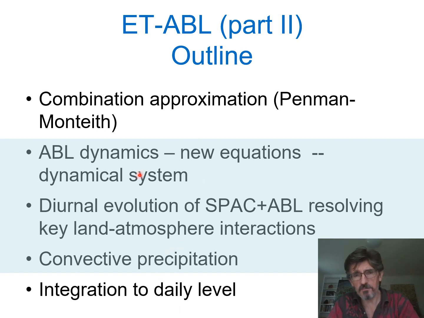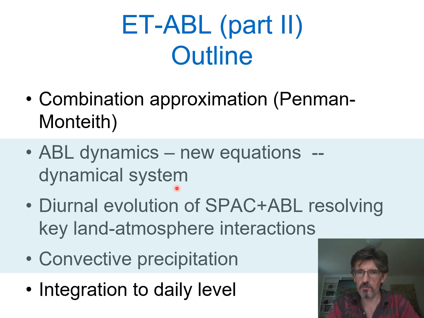And then in the central part of the lecture, the most consistent one, we'll deal with the atmospheric boundary layer dynamics. What happens when we don't know the quantities just above the canopy, so we cannot close the system, and we need extra equations.